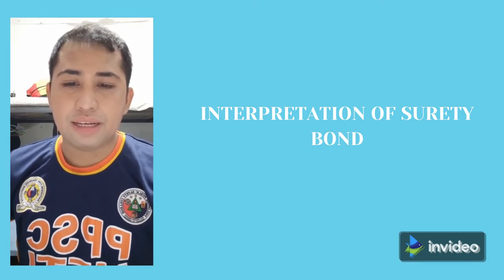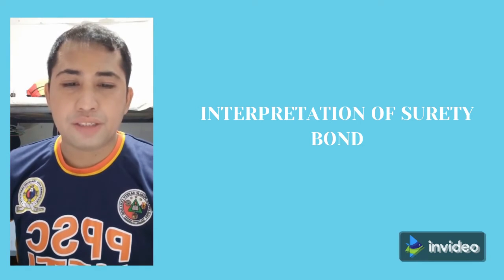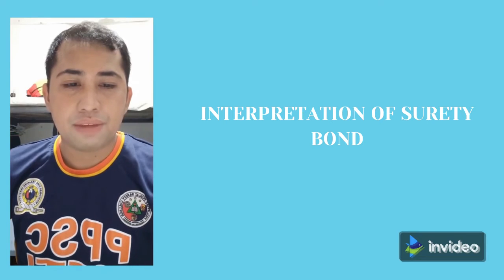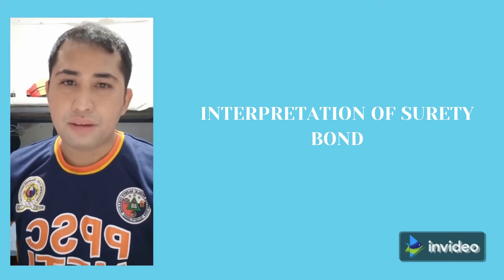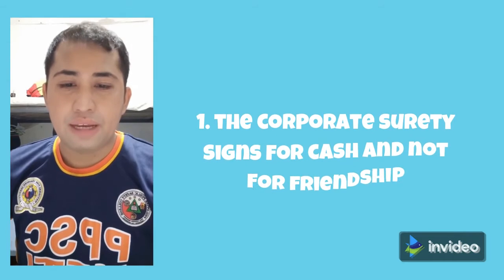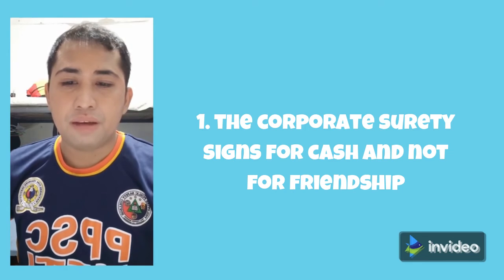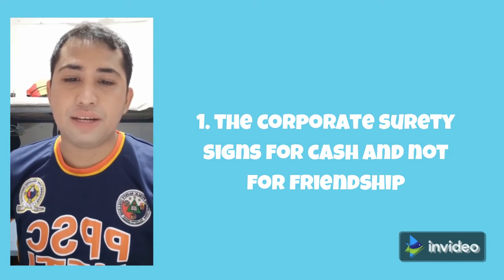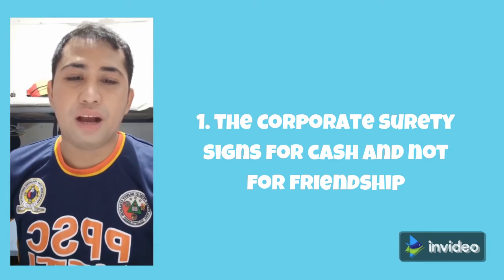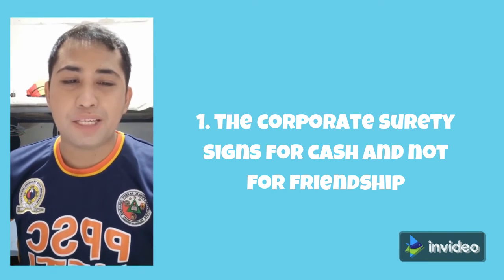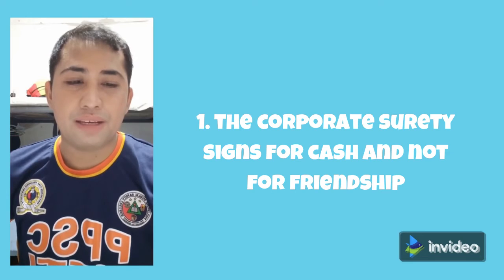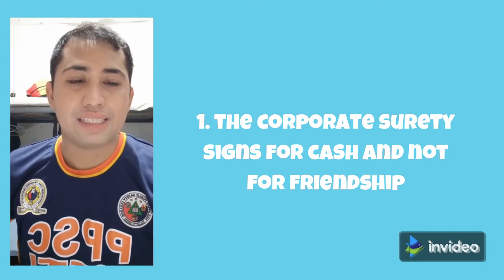The rationale is that corporate surety differs significantly from individual private surety. First, unlike the private surety, the corporate surety signs for cash and not for friendship. The private surety is regarded as someone doing a rather foolish act for praiseworthy motives. The corporate surety, to the contrary, is in business to make profit and charges a premium depending upon the amount of guarantee and the risk involved.